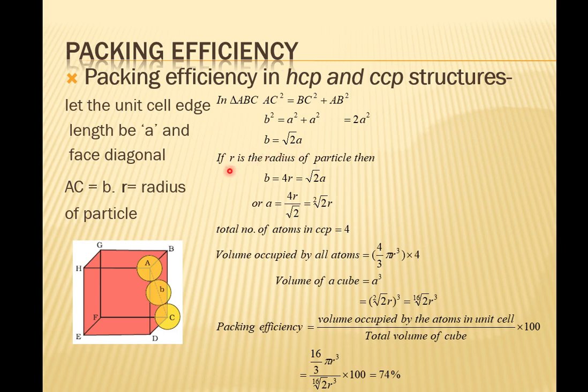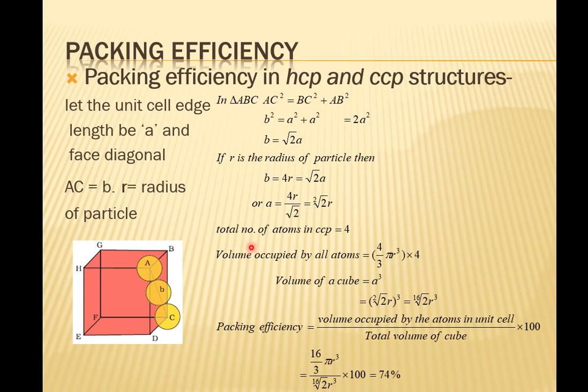Since r is the radius of the particle, b will be equal to 4r: 1r, 2r, 3r and 4r. So it becomes 4r equals root 2 a. So the relation between a and r comes to be a equals 2 root 2 into r.